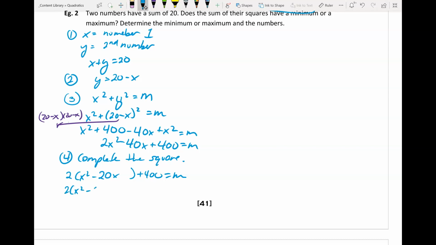Now I'm going to divide this 20 by 2, which is 10, and then square it, which is 100. And I'll also subtract that as well. I'm going to pull this negative 100 out, and when I do, I need to reverse the fact that I factored it and multiply it by 2. So I'm going to add 200 outside of this bracket.